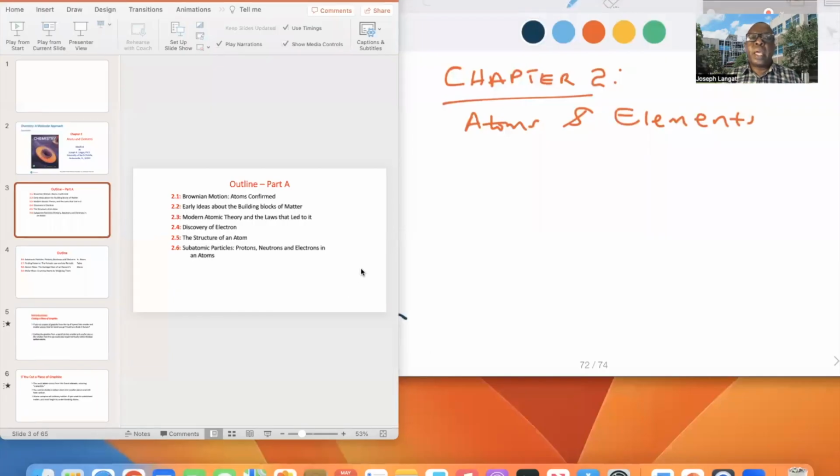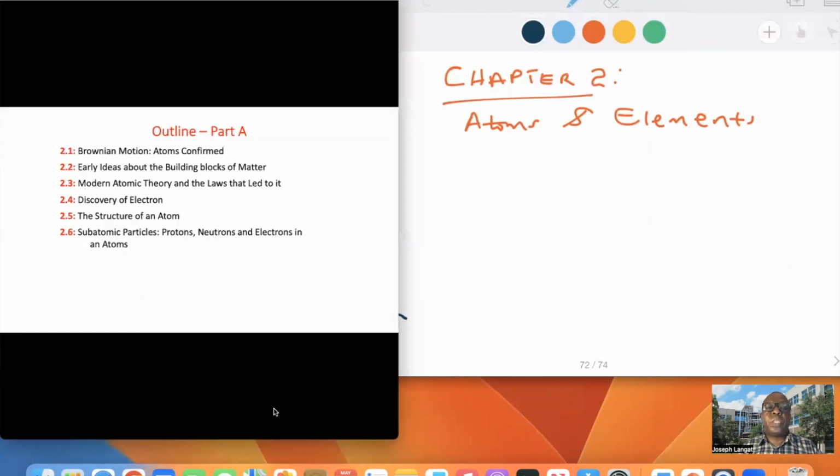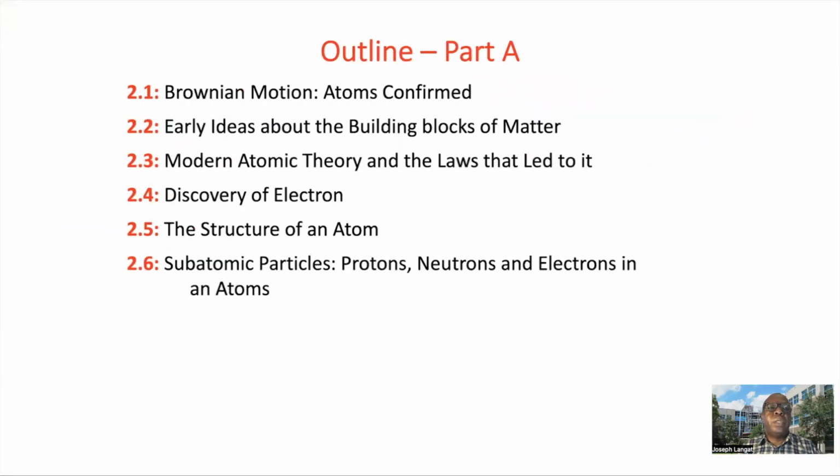Part A of the lecture will cover section 2.1 through section 2.6. In part A, we will look at the Brownian motion and how the atoms were conformed.